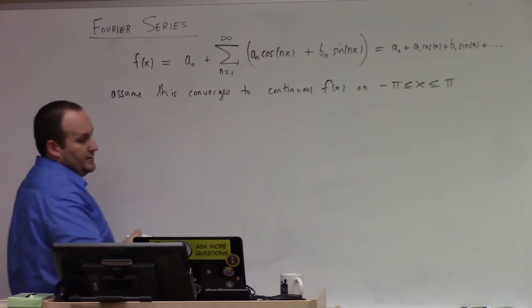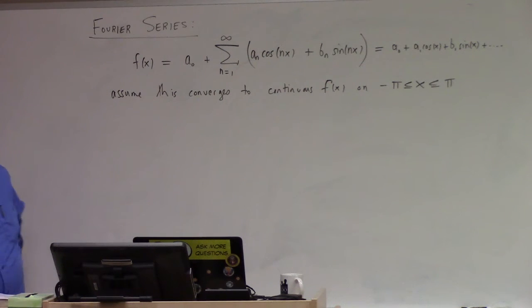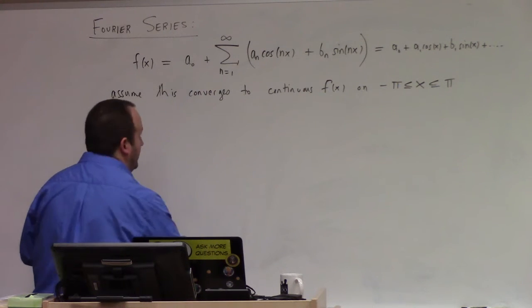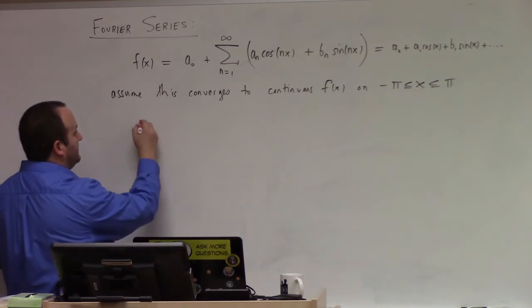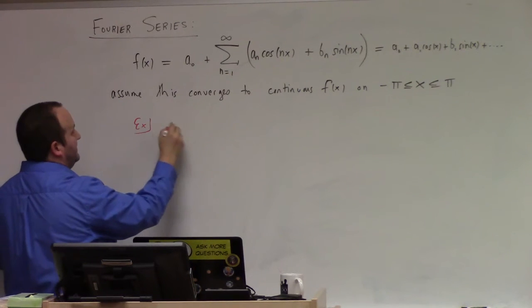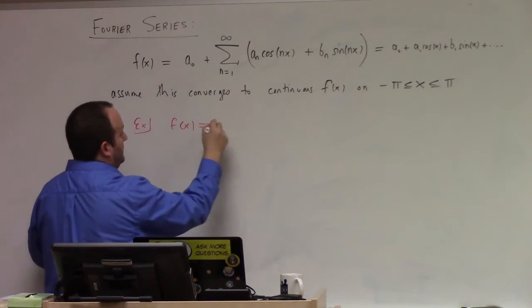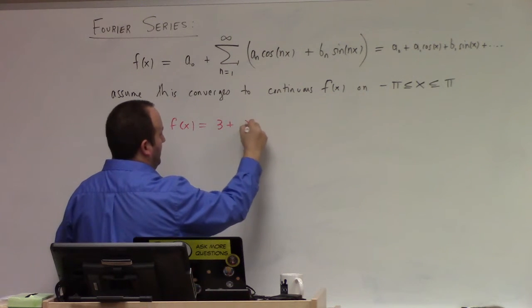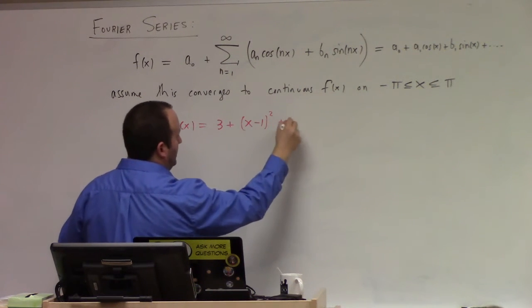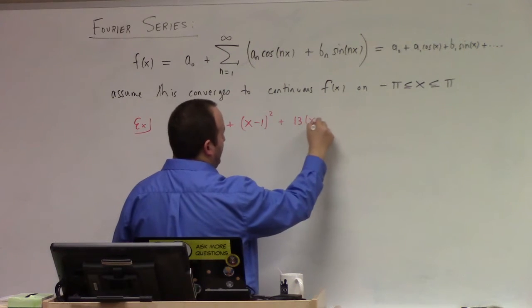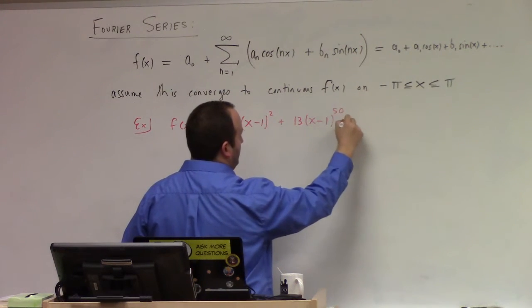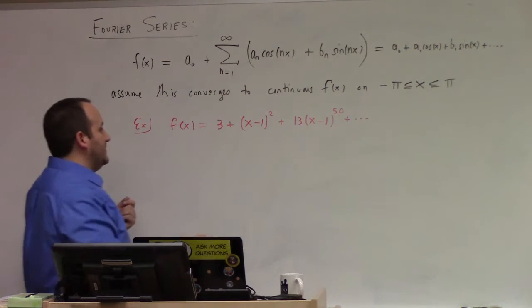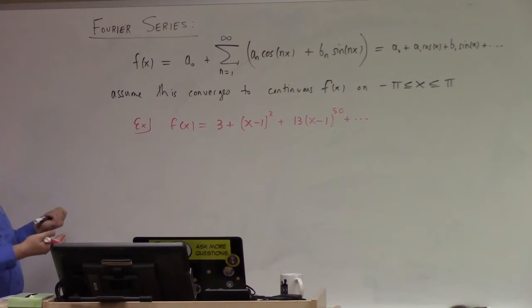And you know how Taylor series work, right? At the moment we want to do the analog of that. Just a reminder, if I have f of x equals 3 plus (x minus 1) squared plus 13 times (x minus 1) to the 50th, what can you tell me about the function given this Taylor series centered at 1?